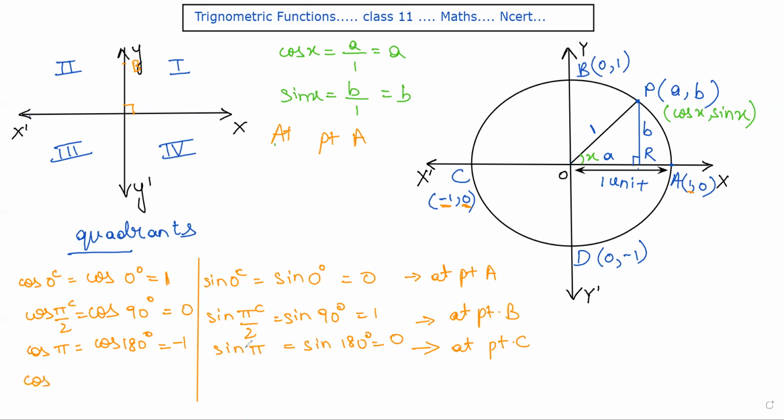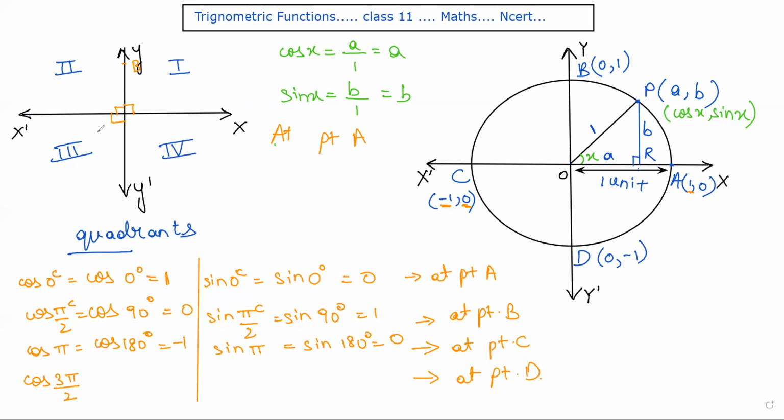Next, cos at this point D. At point D, you're covering 90 degree plus 90 degree plus 90 degree, which is 270 degree. 270 degree is written as 3 pi by 2 because it's 3 times pi by 2.